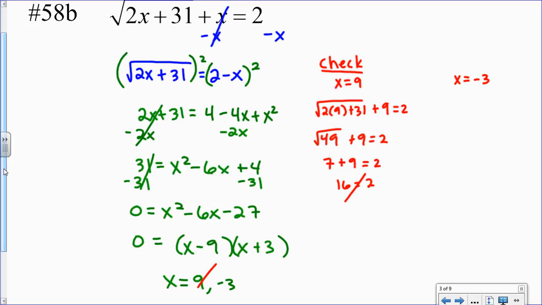Check negative 3. Okay, so that's square root of 25.